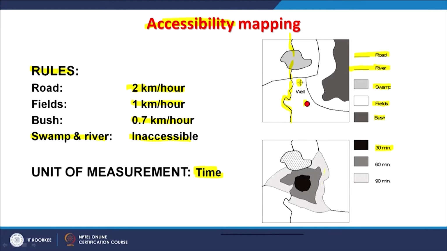Whereas, if one is located in the second polygon just outside the 30 minute one, it would take 60 minutes, and finally the outermost buffer shows that it will take 90 minutes. Because we have constrained that the swamp and rivers are inaccessible, we do not see any accessibility here. So, likewise a lot of things can be planned before anything really happens on the ground, or analyzed to provide certain benefits to the community.